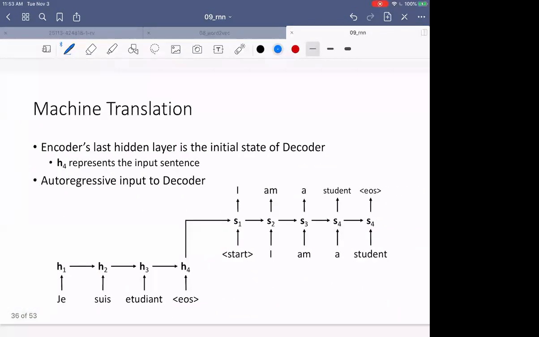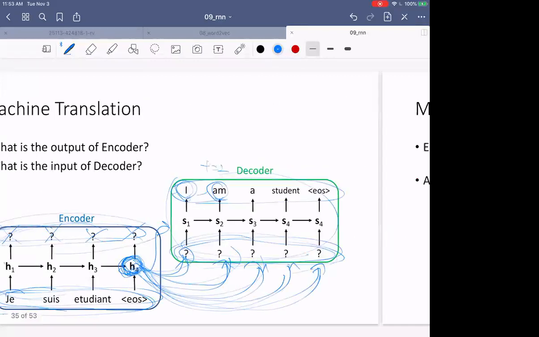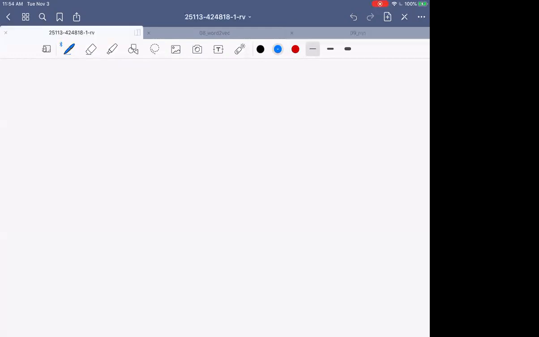That paper had a way more succinct answer to what this and this should be. So the answer is there's nothing. You don't predict anything from the encoder. The encoder is just an encoder, and you just have the H4 ready, and then H4 becomes the initial state of your decoder. So your decoder is an RNN, so it should have an initial state. Typically, as I said, initial. I'm sorry.